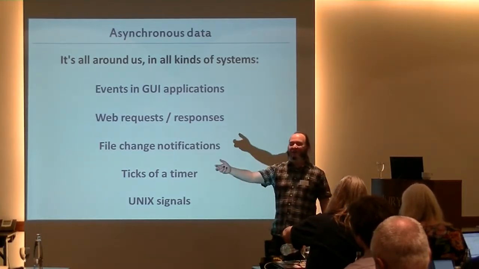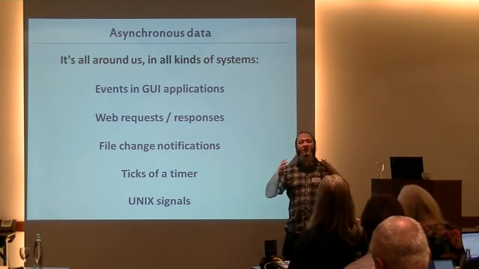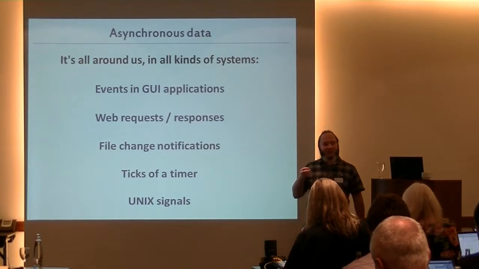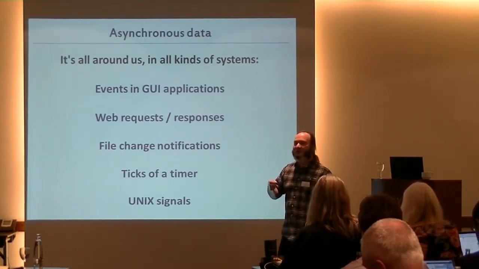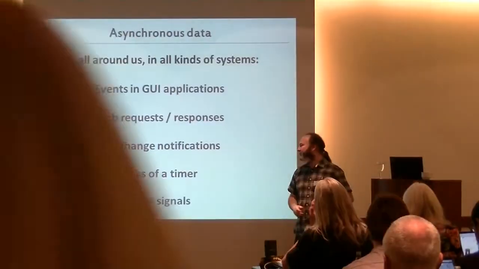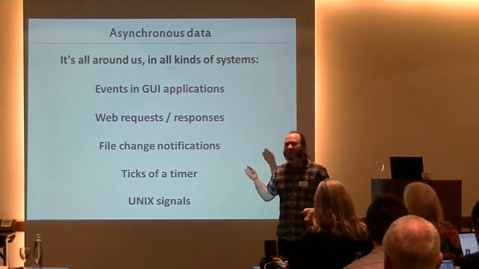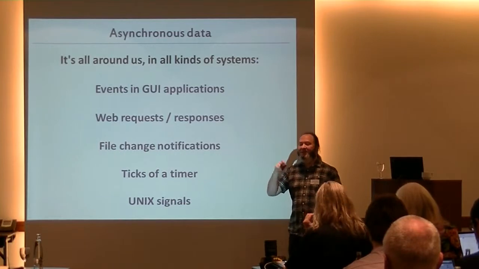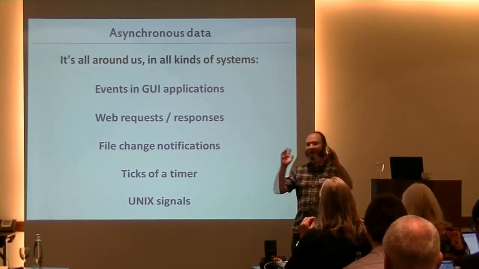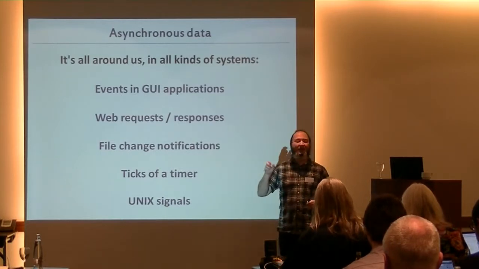If you make a web request and you get a response, it just comes back when it likes. If you have files being changed on disk, and you get your operating system to tell you this file just changed, those notifications just come as they want. If you have timer-based things, then each time the timer ticks, every second, it's just data arriving as it pleases. Of course, Unix signals arrive this way as well.